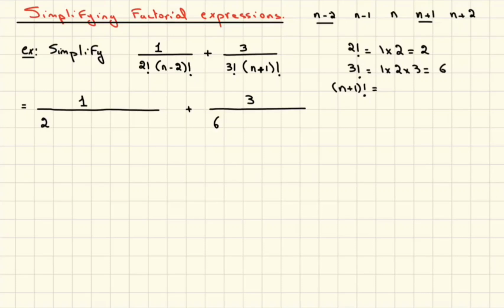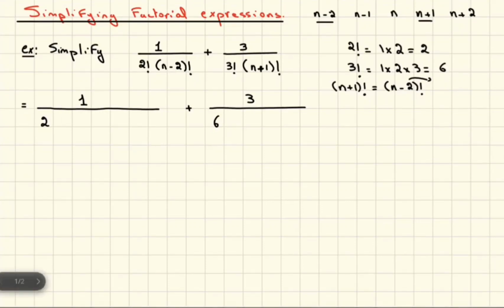So n plus 1 factorial can be written as n minus 2 factorial, and we keep adding 1 till I reach n plus 1. So n minus 2 plus 1 will be n minus 1. We add 1, we get n. Each time I'm adding 1.